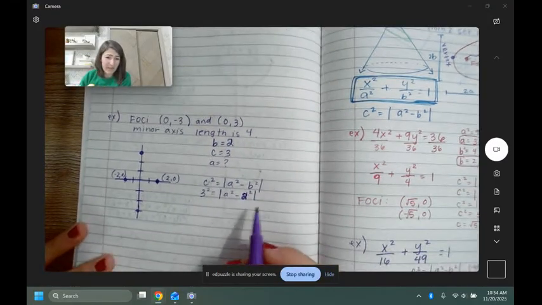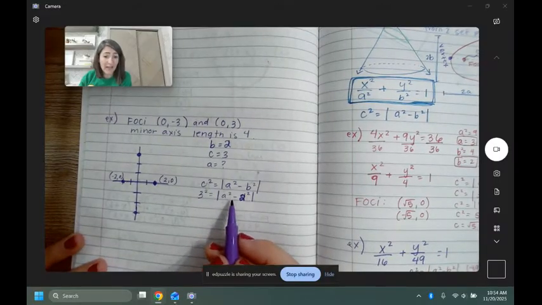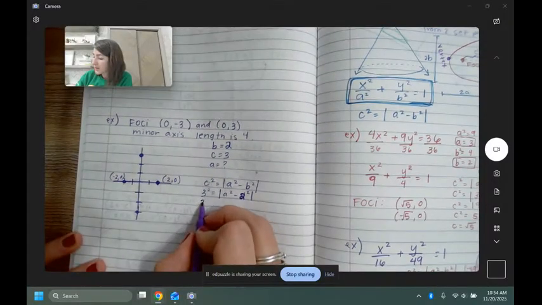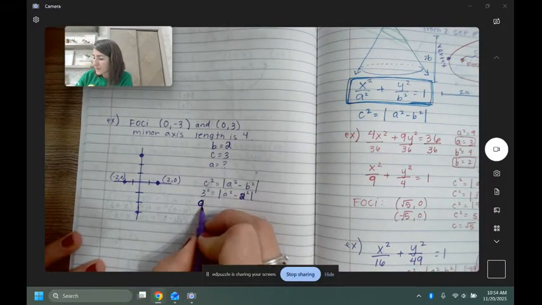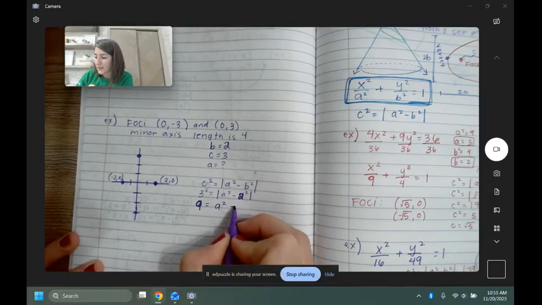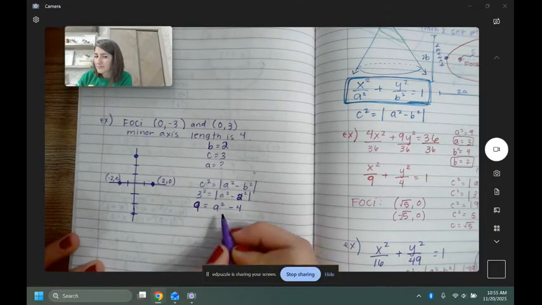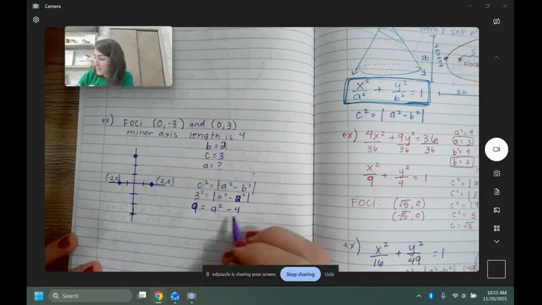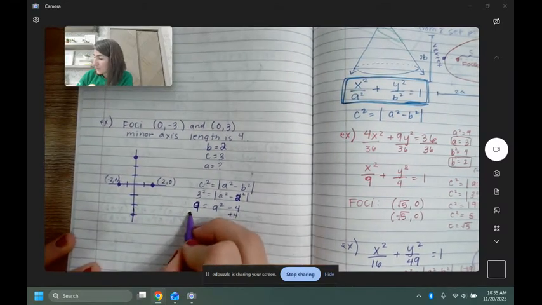Now, if I'm thinking about absolute value, I know that A is bigger than B, so this will end up being a positive answer. I can just go ahead and drop those absolute values because I do know that A will be greater than 2 because it's the major axis. Let's add 4 to both sides.